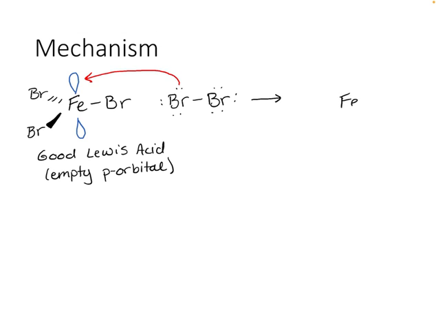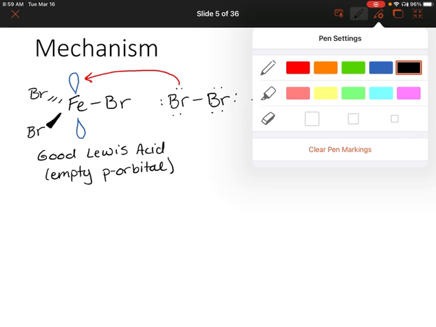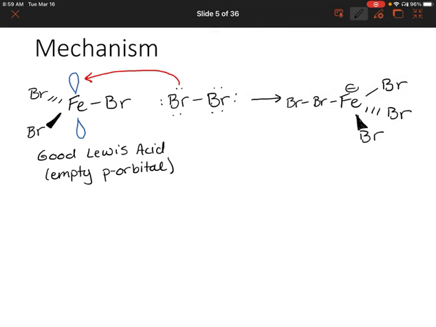Let's see, so I'll just draw this a little differently here. So we've got our 3 original bromines, and then we'll also add in Br2 on the side. So iron becomes negatively charged. Bromine that's attached to iron becomes positively charged.